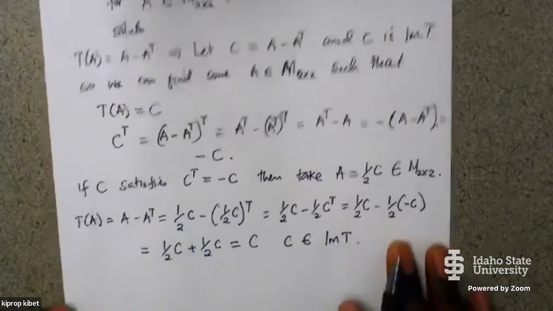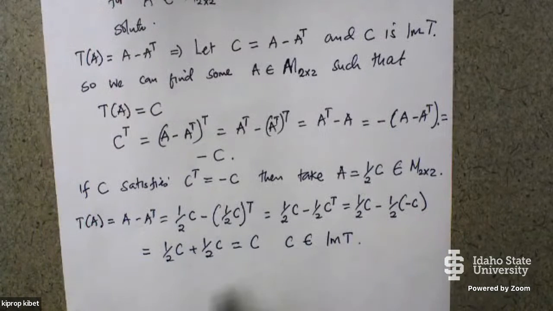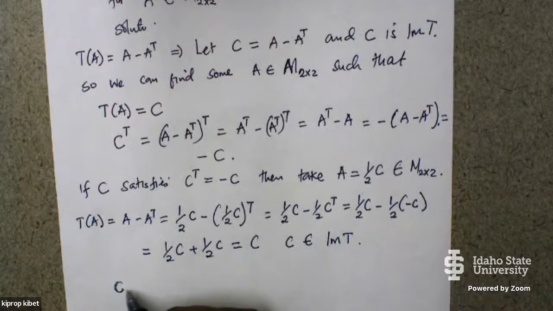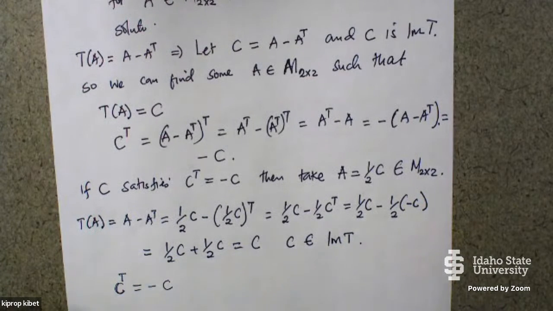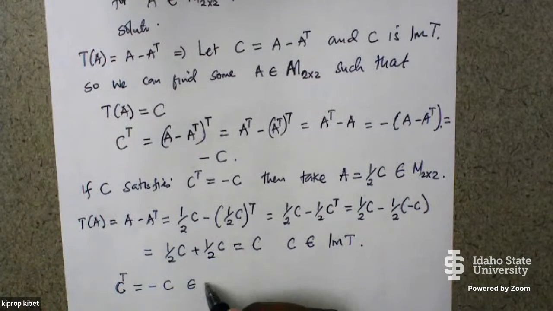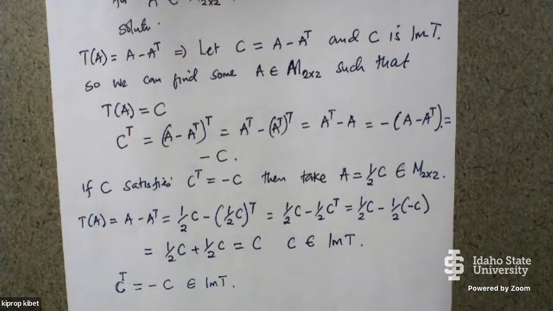We already found the image as C transpose equals minus C, and this is actually an element of the image of T.